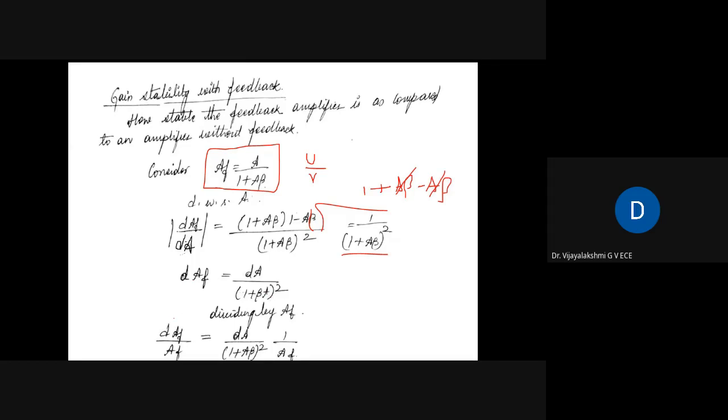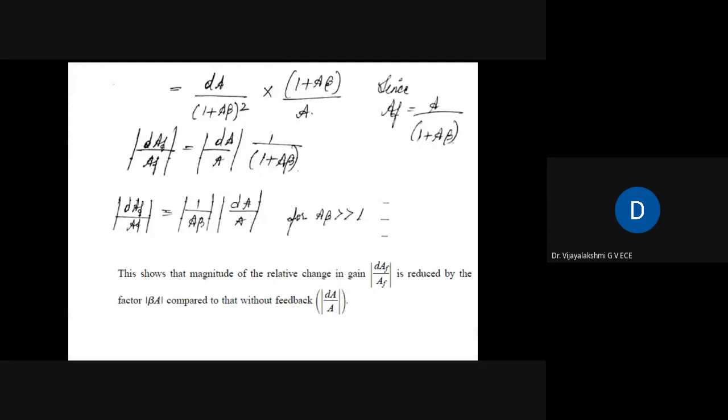Now I divide the complete equation by AF. So when I divide the complete equation by AF, I get dAF by AF, and dA already I have over (1 plus beta A) the whole square, into 1 divided by AF. Okay. So here I have dAF by AF is equal to dA by (1 plus A beta) the whole square and 1 divided by AF.